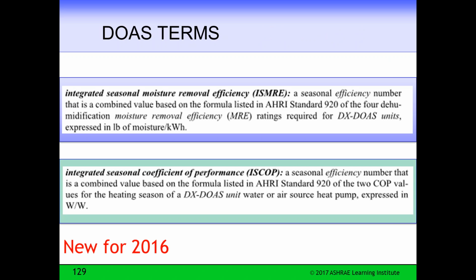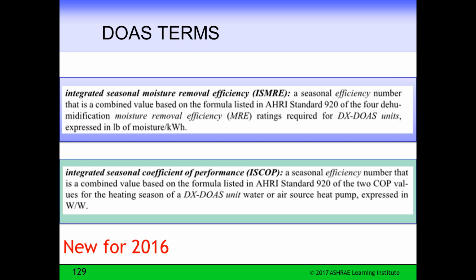Dedicated outside air systems. We never had separate requirements for dedicated outside air systems until 2016. Now we do have those requirements. We had to come up with new terms, and we worked with ARI or AHRI to come up with these terms and these requirements.